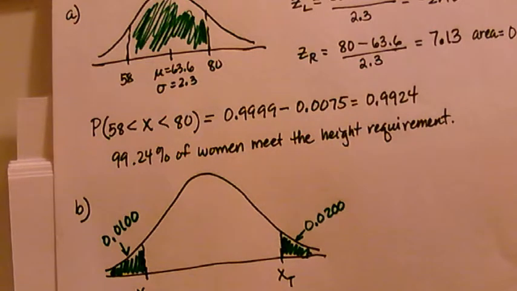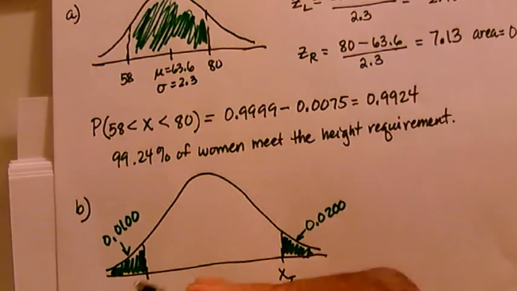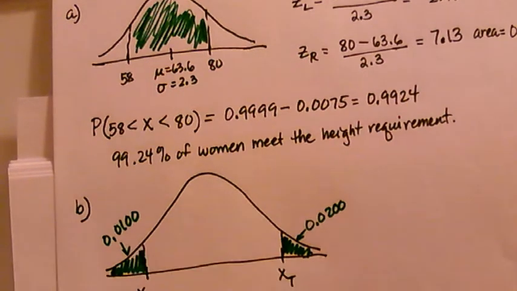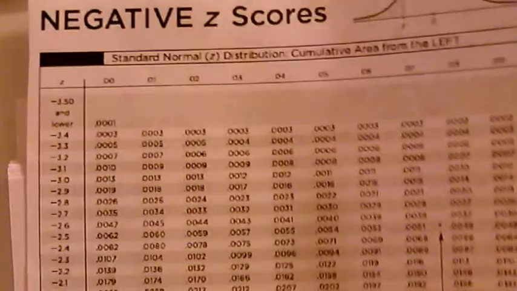Now, for each one of these, we have to use table A-2, the standard normal distribution table, find those z values, and then convert that to an x value. Okay? So let's start off with the shortest height, 0.0100.